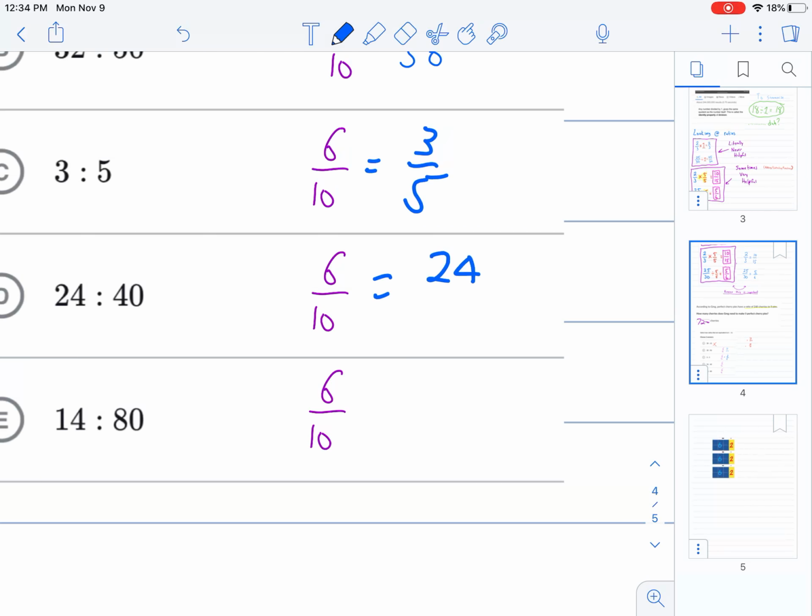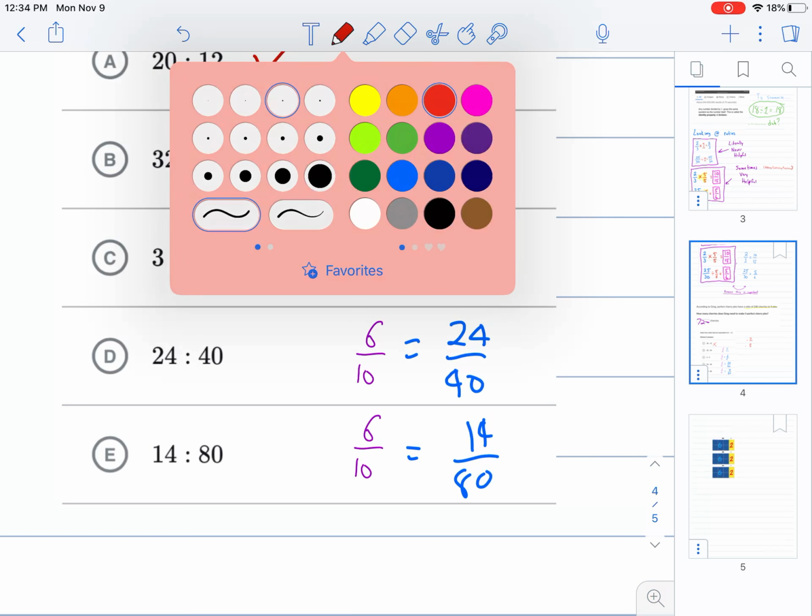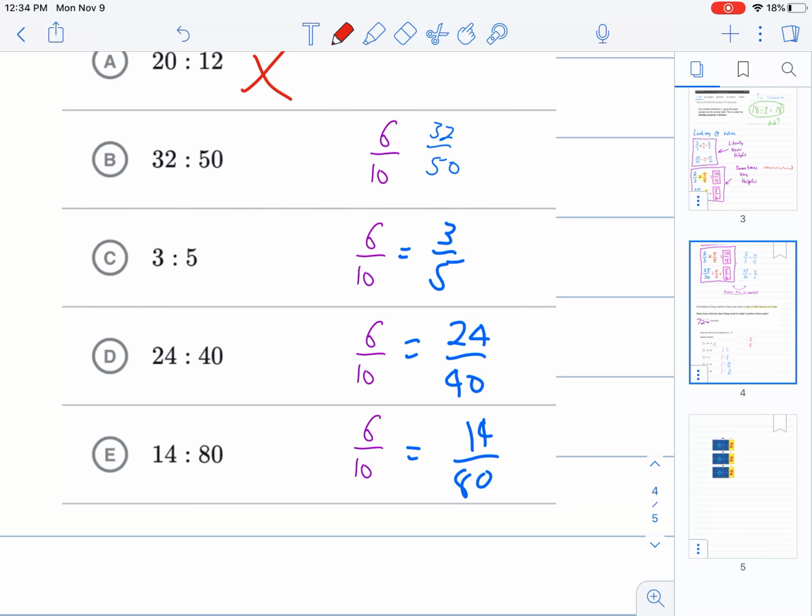Does that equal 24 over 40? And does that equal 14 out of 80? Well, it would if it either gets multiplied or divided by 1. So that has to happen in order for them to be equal. So 6, well, I don't think that even goes into 32, but 10 times 5, so really 6 times 5 does not equal 32. So that guy's out.